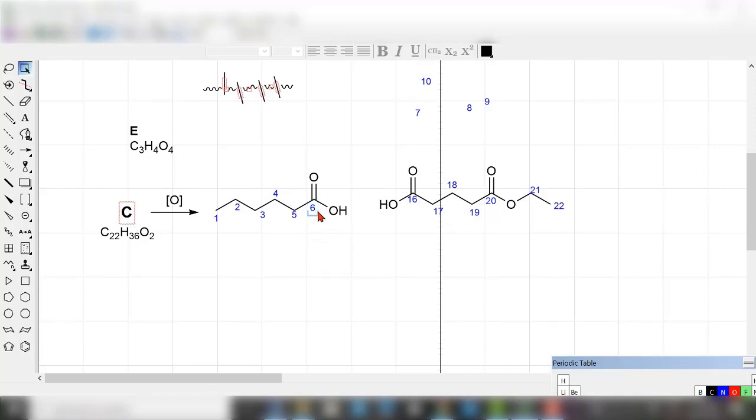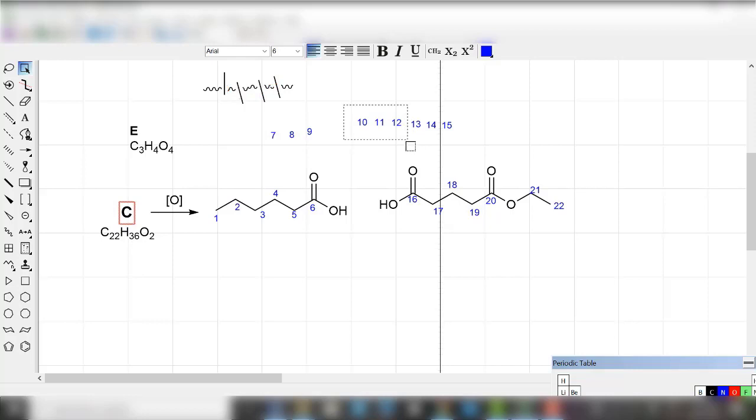So in this case, I'm left with 7, 8, 9, 10, and then 11, 12, 13, 14, 15. Okay. Yeah. Sorry for being a bit slow. 13, 14, 15. Okay. So you realize that these 3 belong to one molecule.